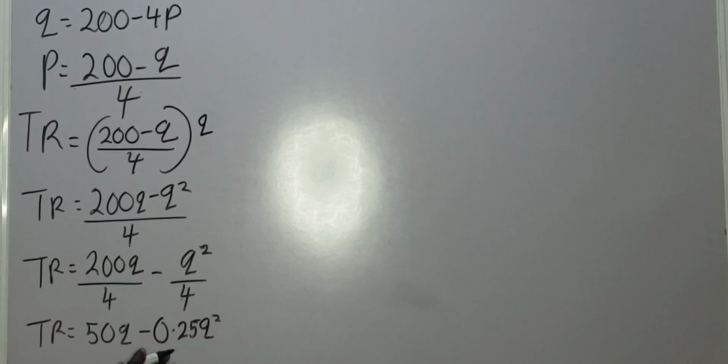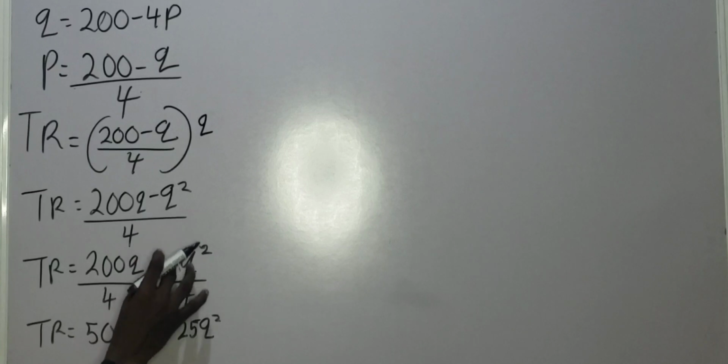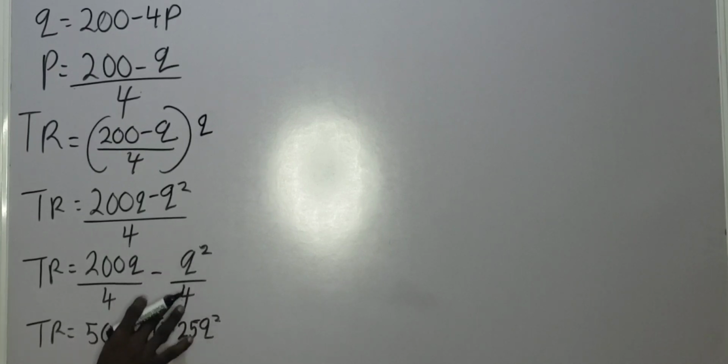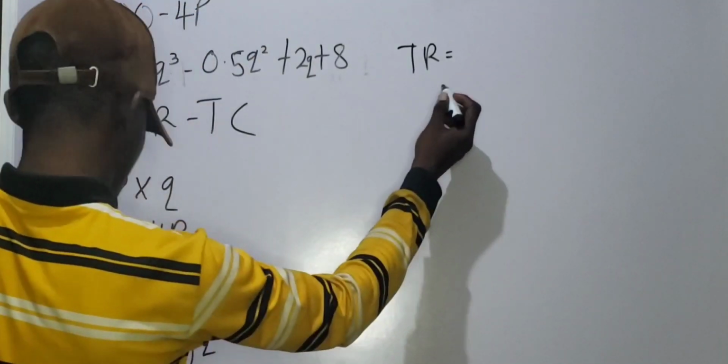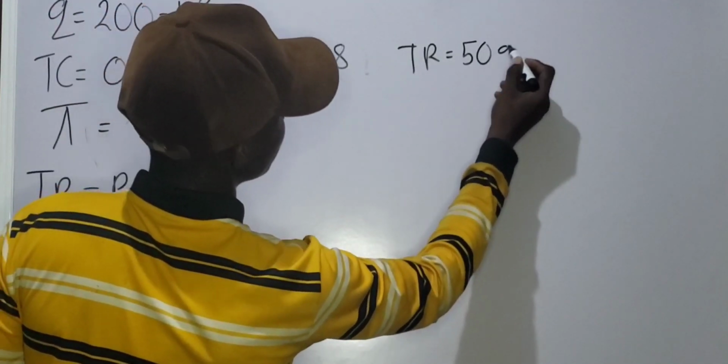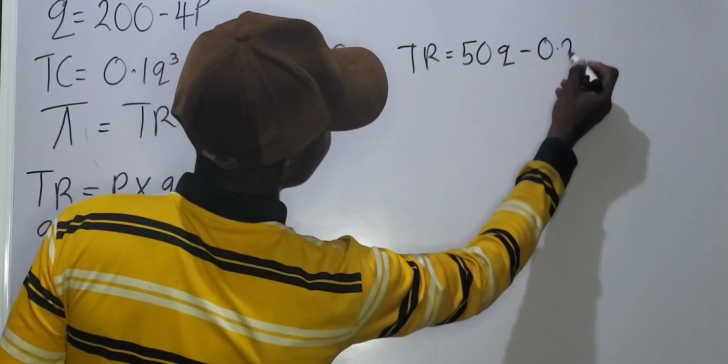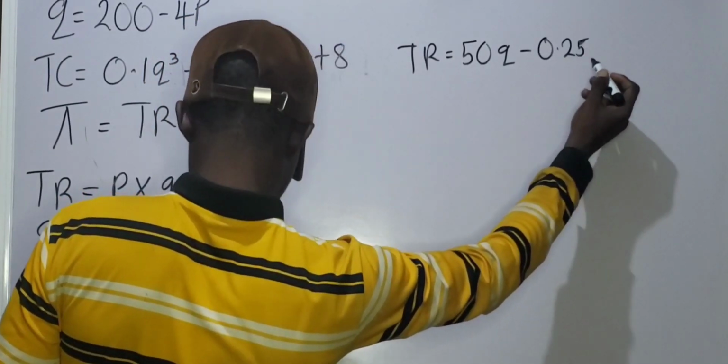Do you understand how I got this? Just like 1 times Q squared is Q squared, but the 1 is invisible. That 1 is what I used to divide by 4. That is how I got 0.25Q^2. The total revenue function is TR = 50Q - 0.25Q^2.